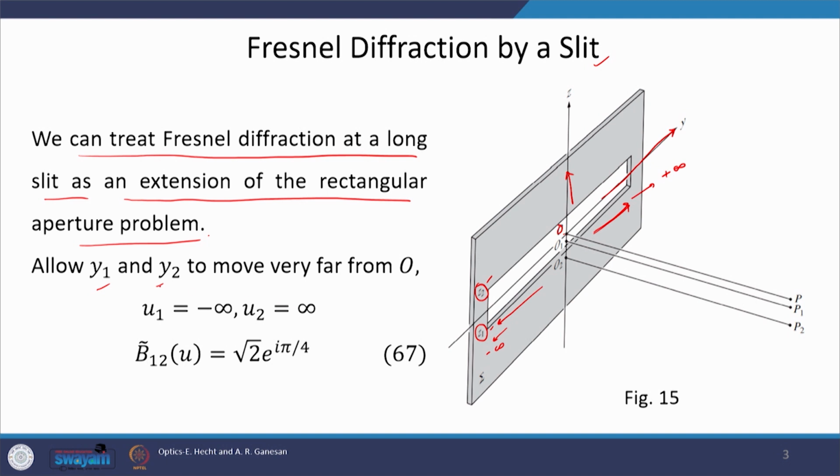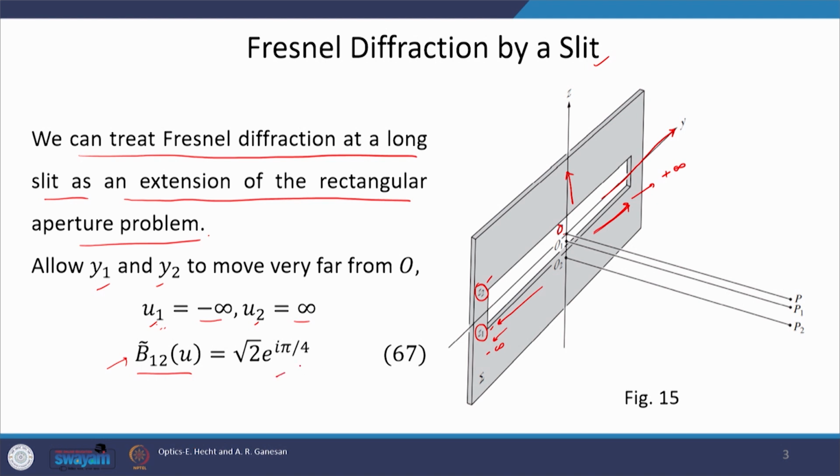Now, since y1 and y2 are extending till infinity, u1, which is directly related to y1, and u2, which is directly related to y2, will also extend to minus infinity and plus infinity respectively. And we know the phasor would therefore be equal to square root of 2 e to the power i pi by 4.